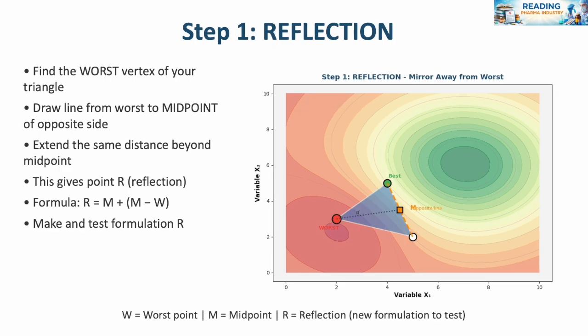This shows you what is exactly going on here. Find the worst vertex of your triangle. Here, you have 3 points: the best in green, and the worst one is the red. You look at the midpoint of the line between the other 2 points, and then you measure the distance from the worst to that midpoint, and then you expand in that direction, as you can see here.